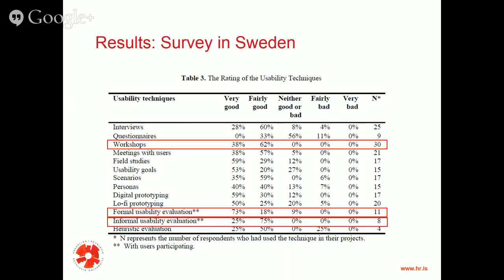And none of the participants say it's bad. Also informal usability evaluation, gathering feedback from users informally, gets a very, very good rating. So none of the participants says it's bad or fairly bad.